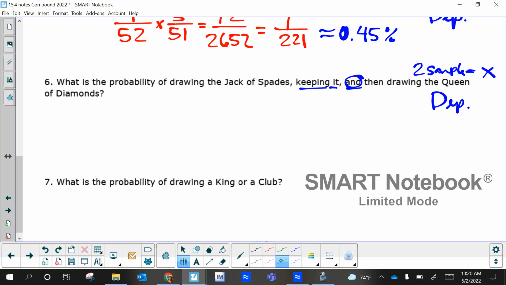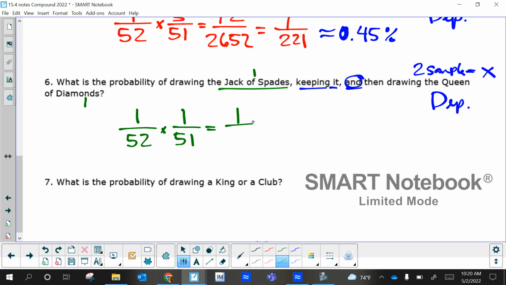So what's the probability of drawing a jack of spades? There's only one of those, if you're not familiar with the deck of cards. A queen of diamonds, there's only one of those as well. So one of those out of the 52, you keep it. So that means I've got one less. The queen of diamonds is still out there, but I only have 51 cards this time. This one was dependent because we didn't replace it.